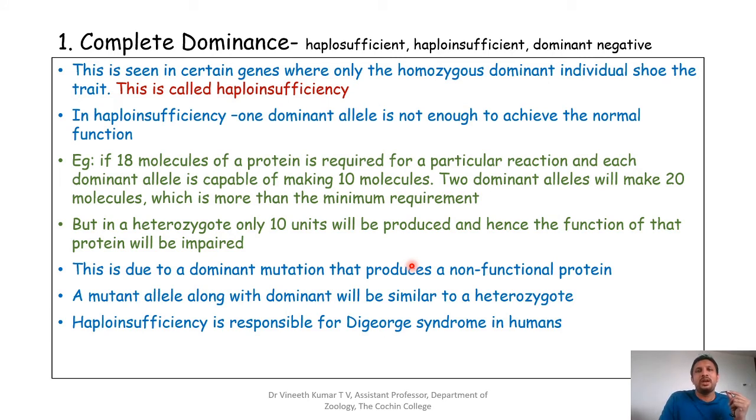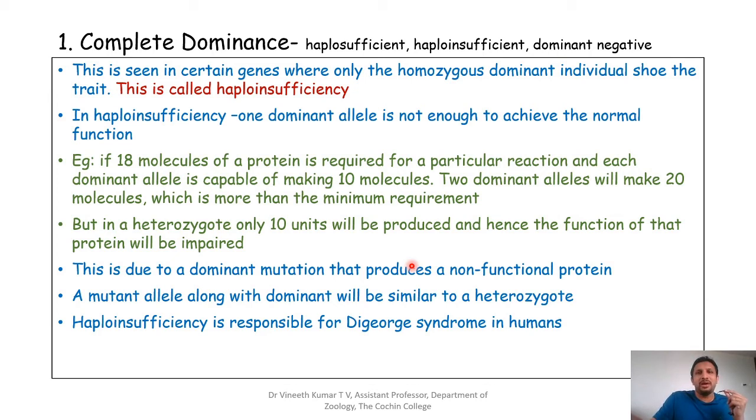In the homozygous mutant, the protein is not produced. In the heterozygous condition, half of the protein is produced, but it is not sufficient for the process, and hence this is a type of mutation.